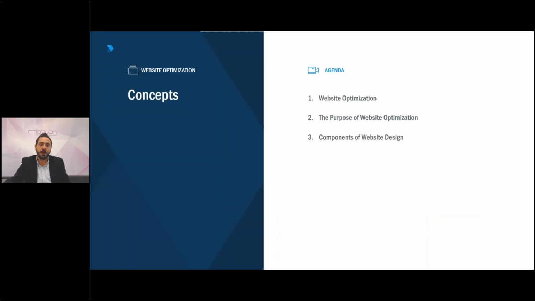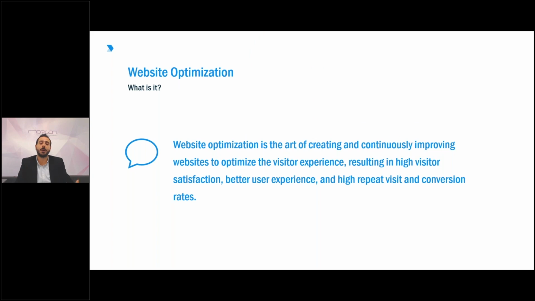So looking into this, really, website optimization by definition is the art of creating and continuously improving websites to optimize the user experience and make sure that we are having high return rate from visitors who came to us in the first place that match with our ICP or ideal customer profile, and to increase conversions.